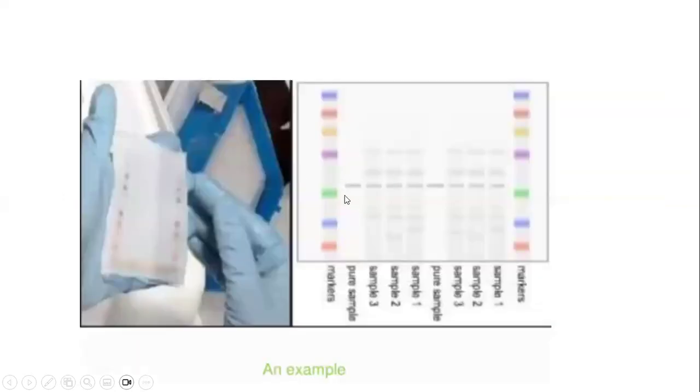So this is the image after development of a Western blot. You can see these various bands of the proteins that are developed, and these are the ladder or marker protein bands.